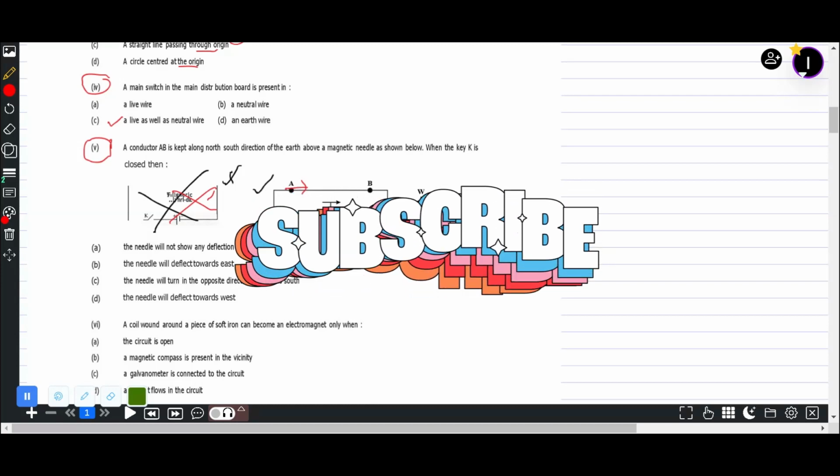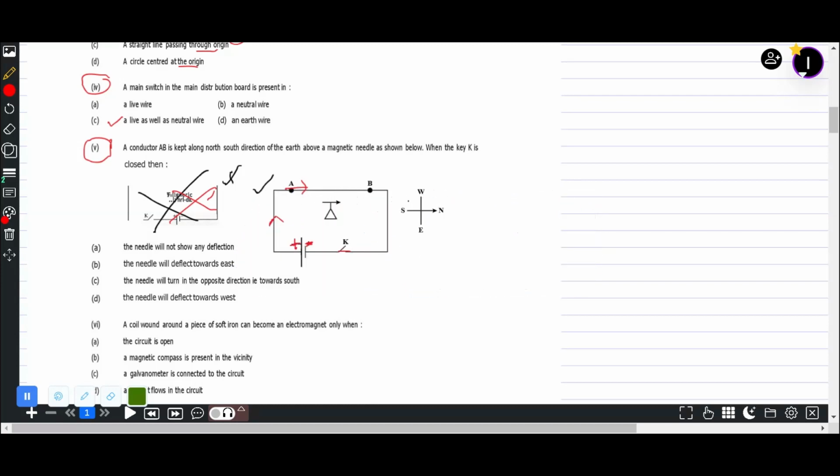wherein, I'll try to explain it by using a diagram. So what you do is you have got a thumb here and you have got fingers here. My art is not too good. So if you point your thumb in the direction of the current, then the way your fingers swirl towards the palm is the direction of the magnetic field.